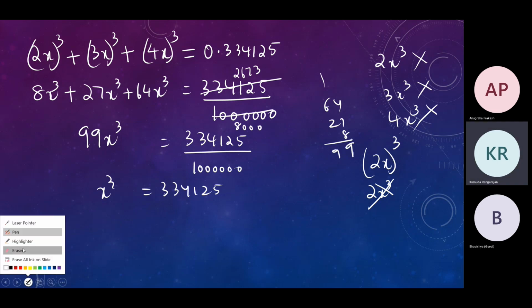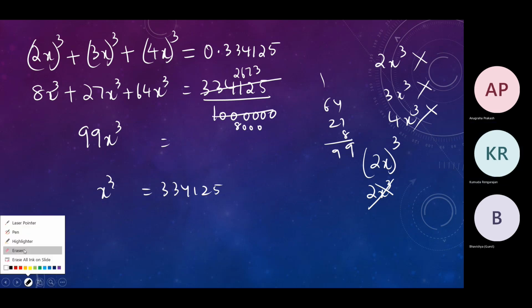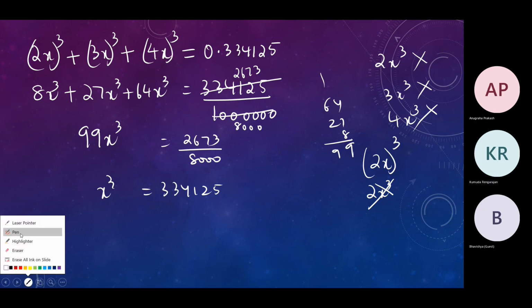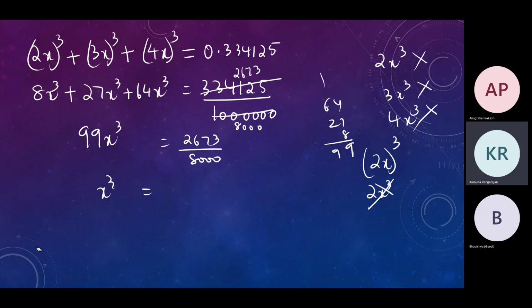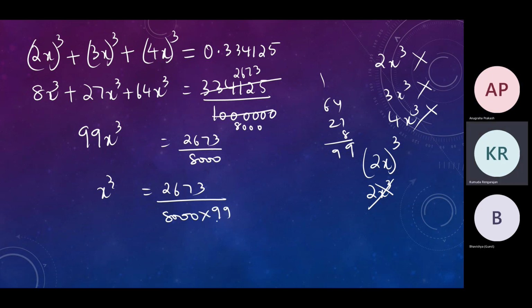In the next step, you can write 2673 by 8000. So x cubed is equal to what, Anugraha? Ma'am, 2673 by 8000 divided by 99. So can I write like this?